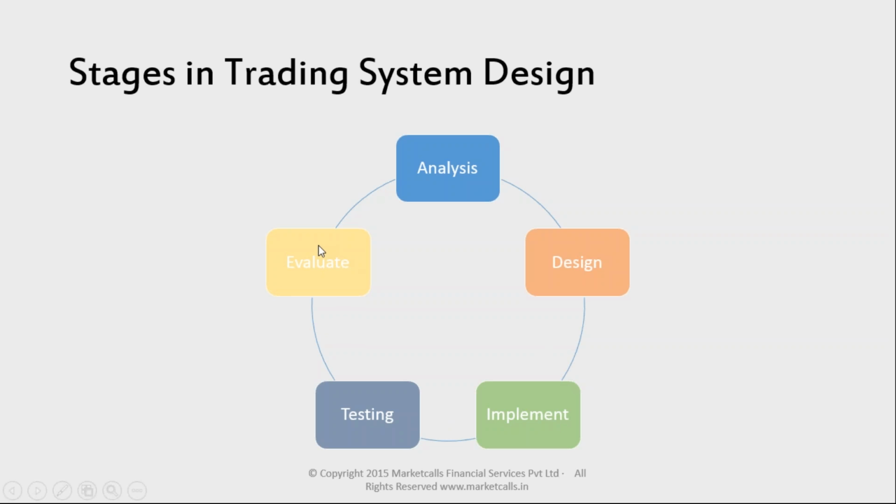When it comes to evaluation, we'll try to do two kinds of evaluation. One is live forward testing. We don't go live in the market, but still we do forward testing: what if I implement the same strategy in the live market, what will I get? So it's a kind of simulation, and we will also test the robustness of the trading system. We'll do some Monte Carlo analysis or walk forward analysis.